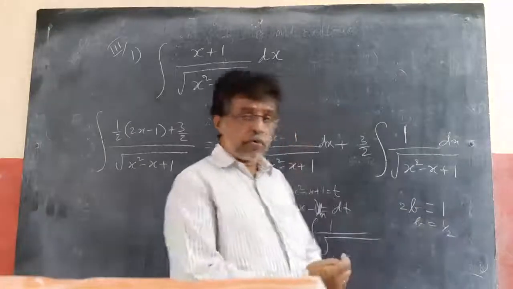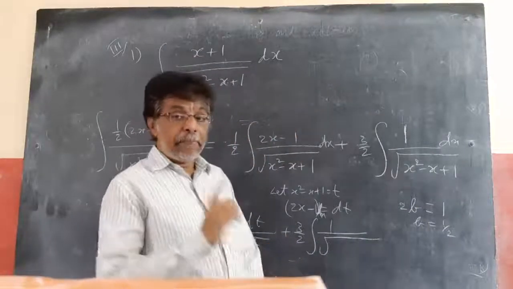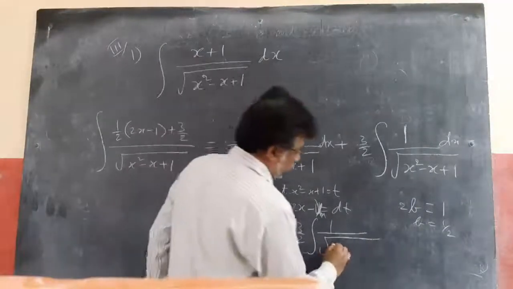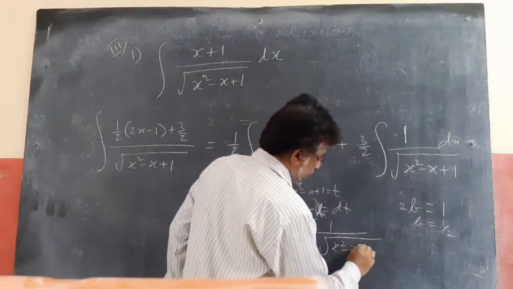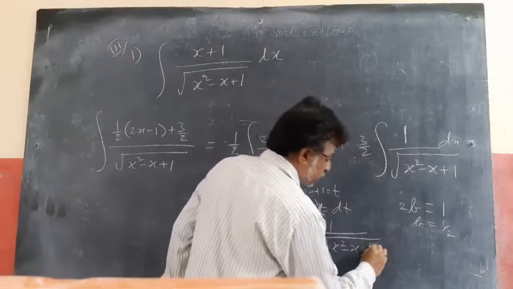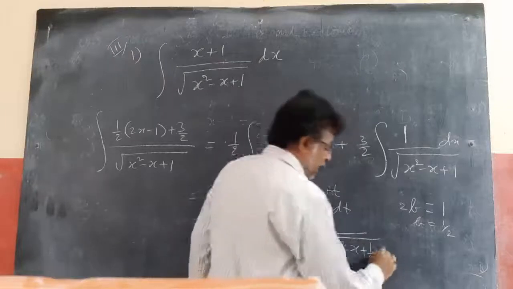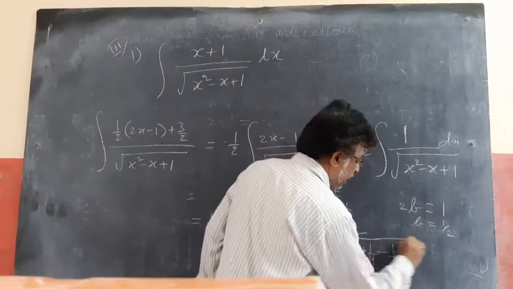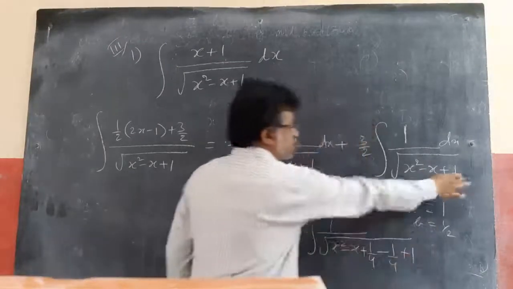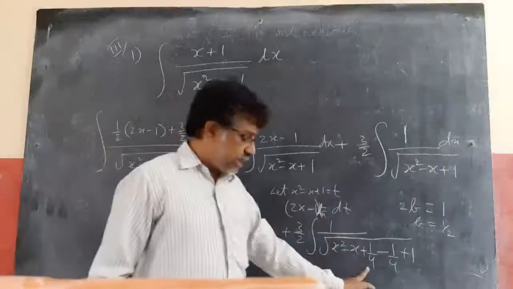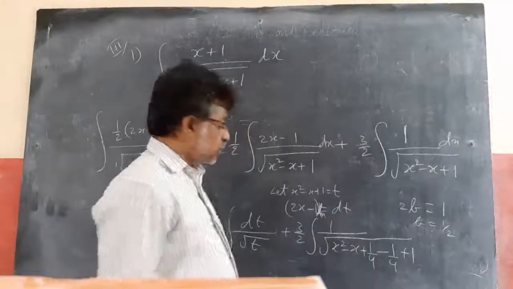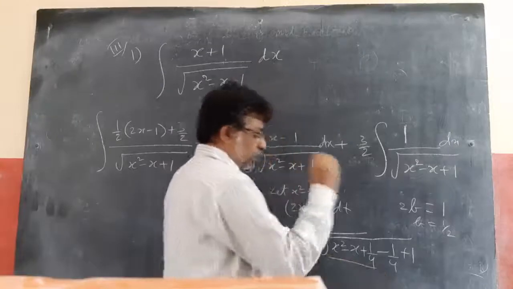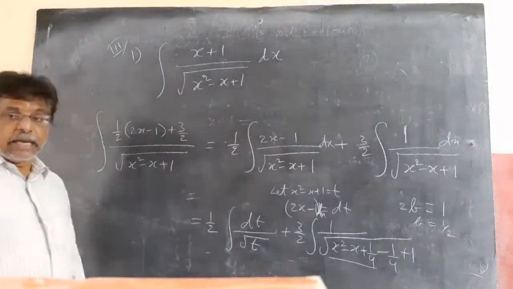So 2b equal to 1, b equal to 1 by 2. b square to be added and subtracted, I told. So x square minus x as it is, b square is 1 by 2 whole square, 1 by 4 to be added and 1 by 4 to be subtracted, and the remaining plus 1 as it is. I am just adding and subtracting b square so that this becomes a minus b whole square.